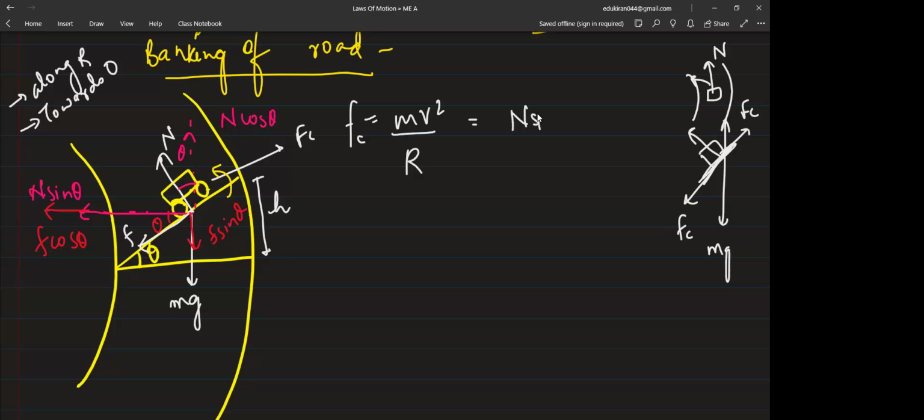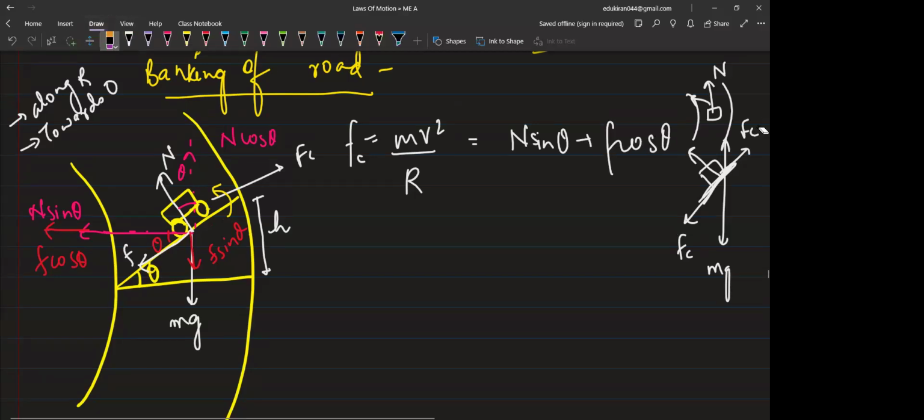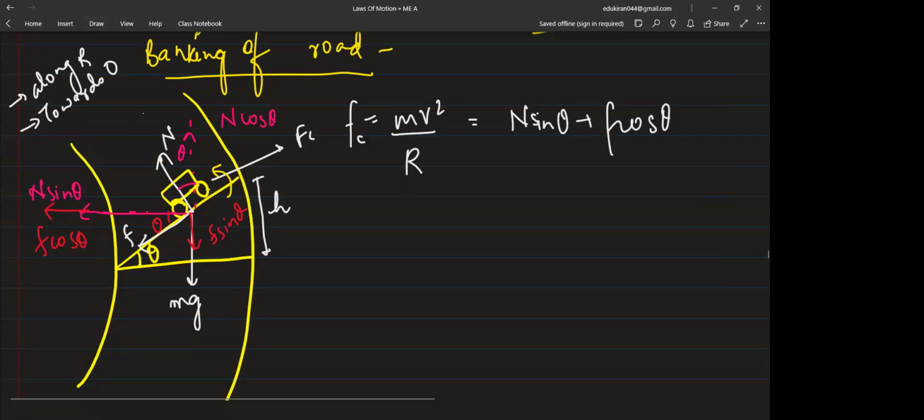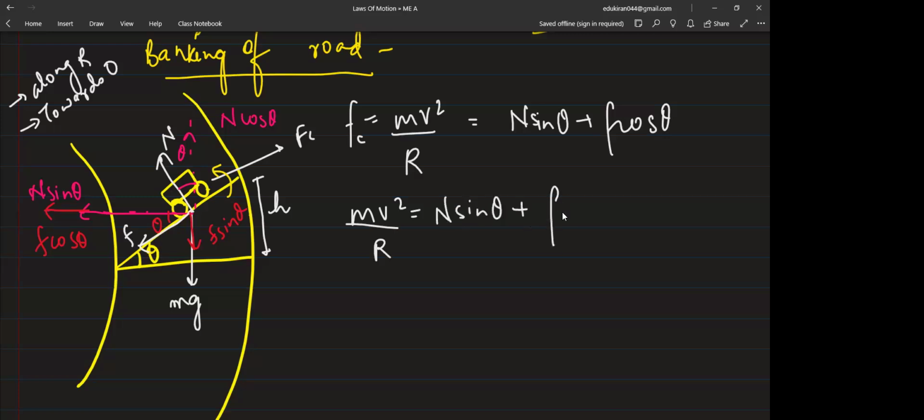N sin theta plus F cos theta, because these are the forces which are acting along the radius and pointing towards the center. So you can conclude that mv square by r is equal to N sin theta plus F cos theta.